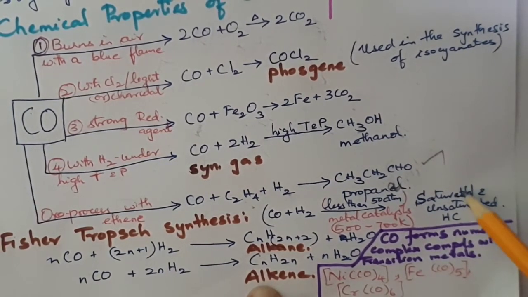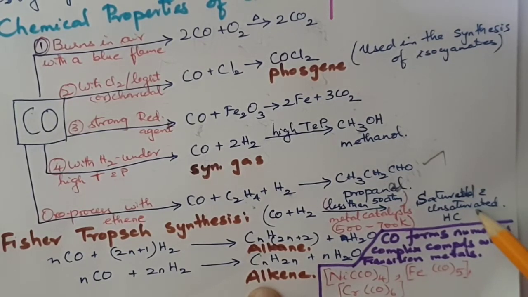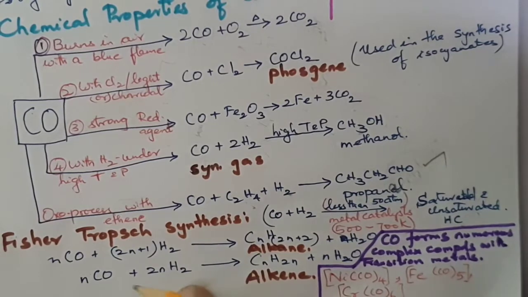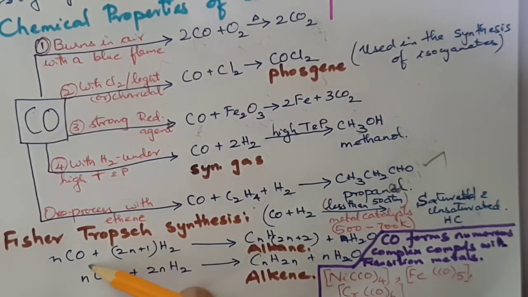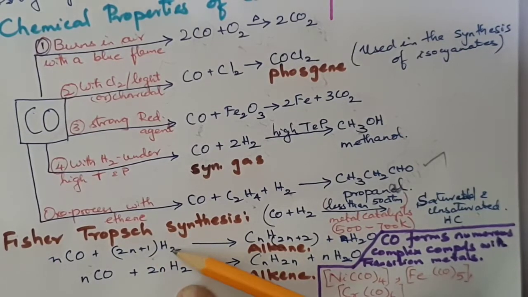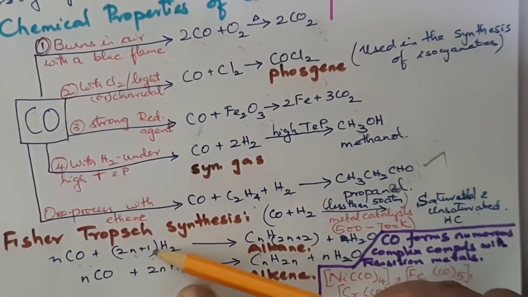A saturated hydrocarbon has single bonds, and an unsaturated hydrocarbon has double or triple bonds. So n molecules of carbon monoxide, when treated with (2n+1) hydrogen, where n is the number of carbon atoms. If there are 2 carbon atoms, it will be 2 twos are 4 plus 1, 5 H2.